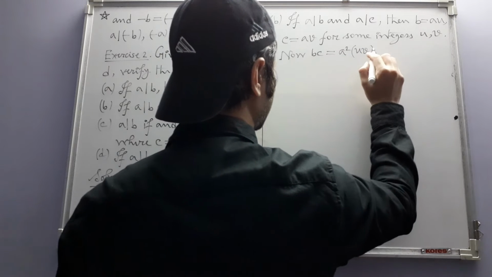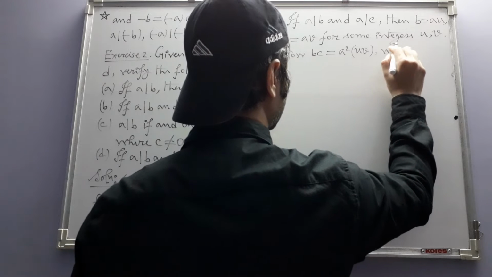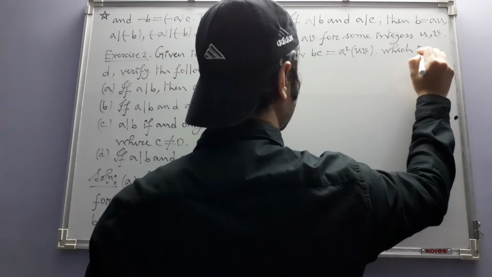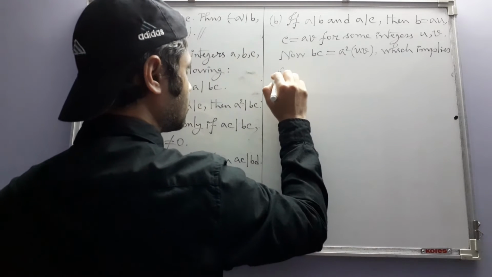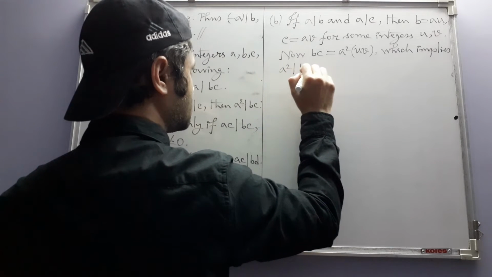UV is an integer, so this implies A square divides BC.